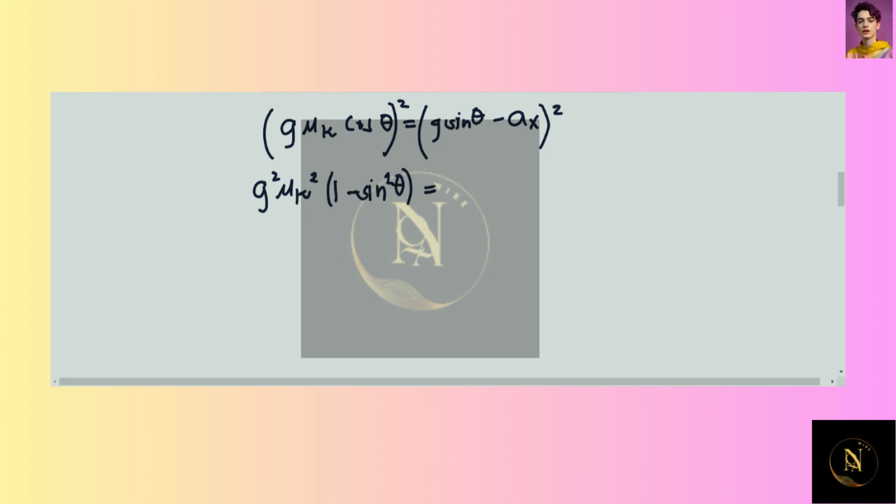Expanding this quantity, we have g squared sine squared theta minus 2 a sub x g sine theta plus a sub x squared.